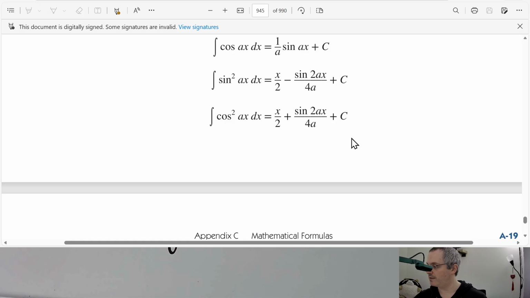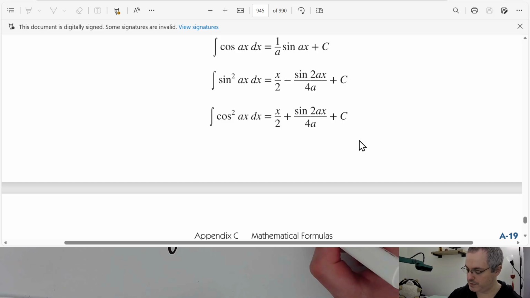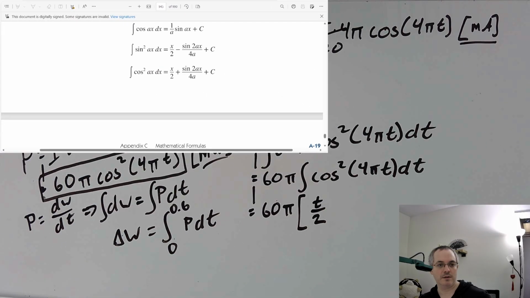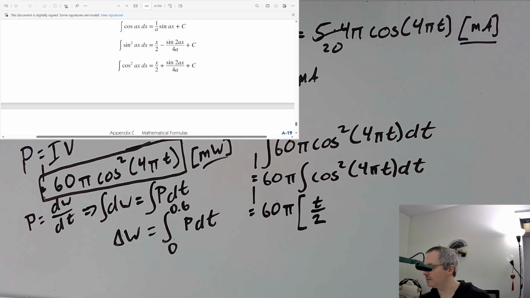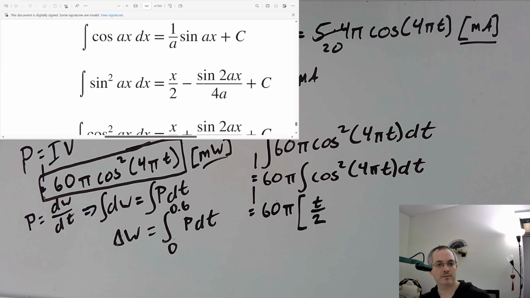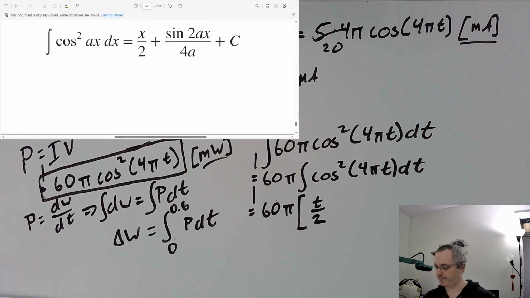So they have a, all right. So this will be 60 pi. Put the result in here. Our x is t, so it's t by 2. Yeah, that's the one we're reading.